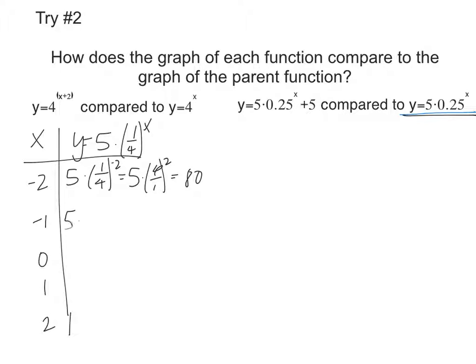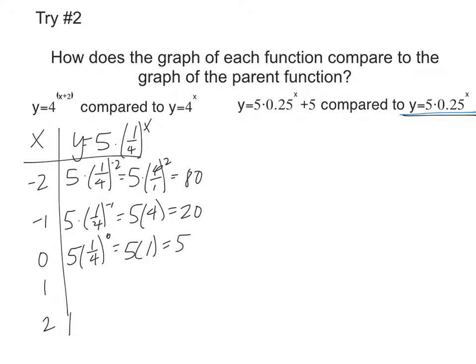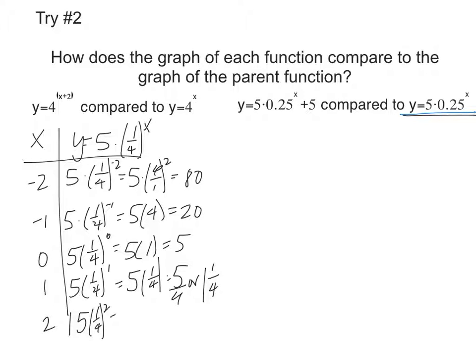The next one, 5 times a fourth to the -1 is really 5 times 4, which is 20. 5 times a fourth to the 0 is really 5 times 1, which is 5. 5 times a fourth to the first is really 5 times 1/4, which is 5/4, or 1 1/4. And lastly, 5 times 1/4 squared is really 5 times 1 over 16, or 5/16.